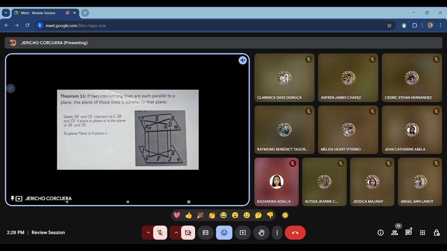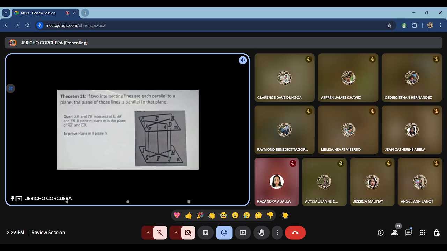So we can see that lines AB and CD intersect at E, that's the point of intersection, and AB and CD are parallel to plane N. Plane M is the plane of AB and CD.